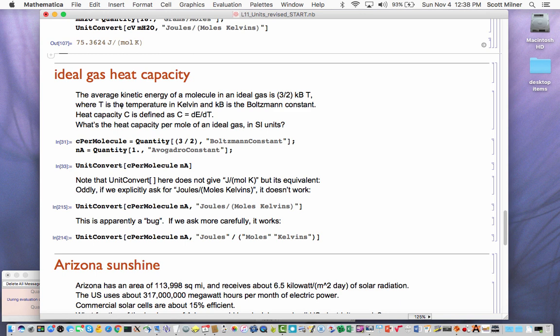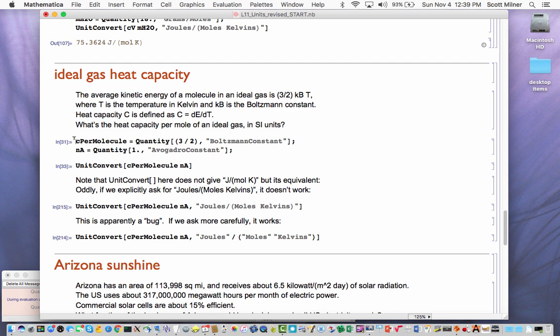So for another heat capacity type problem, the average kinetic energy of a molecule flying around in an ideal gas is 3/2 kBT, where T is the temperature in Kelvin and kB is the Boltzmann constant. And the heat capacity, C, is defined by how the energy varies with temperature, dE/dT. So here what I ask is, what's the heat capacity per mole of an ideal gas in SI units?